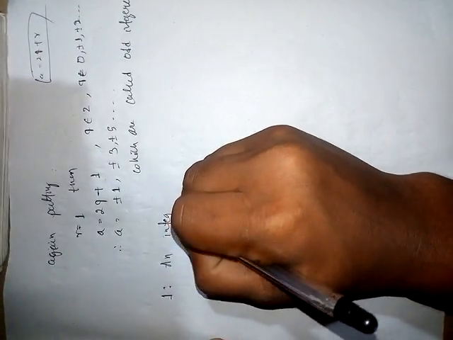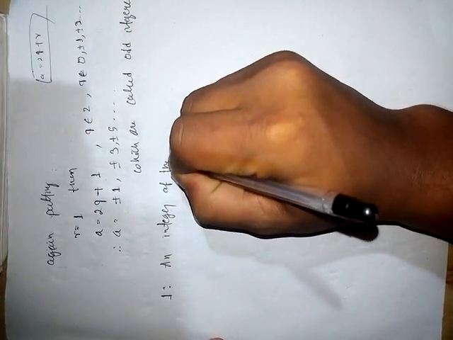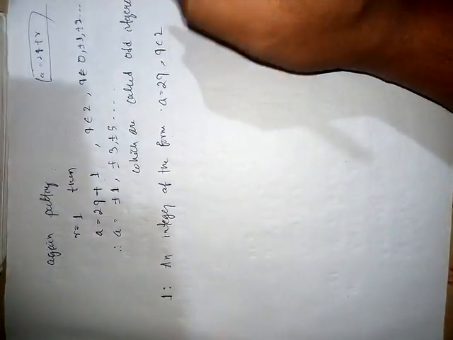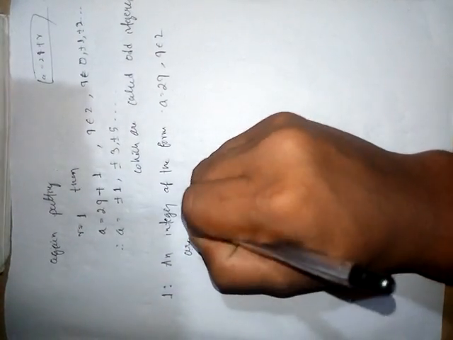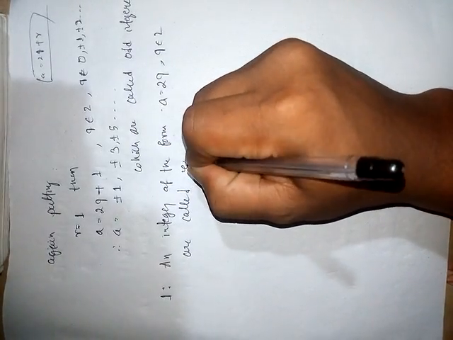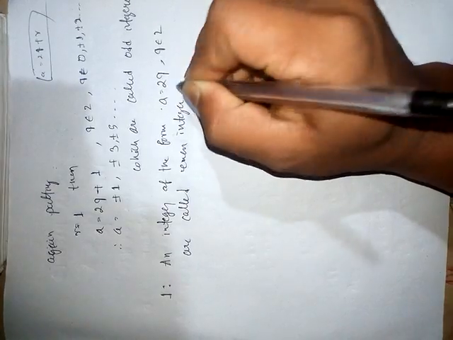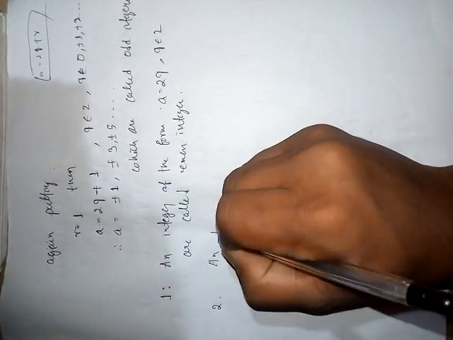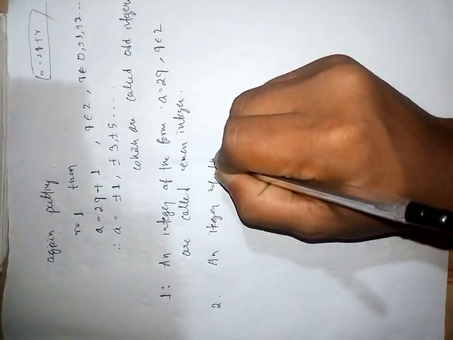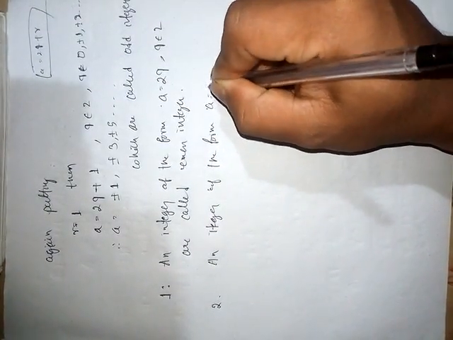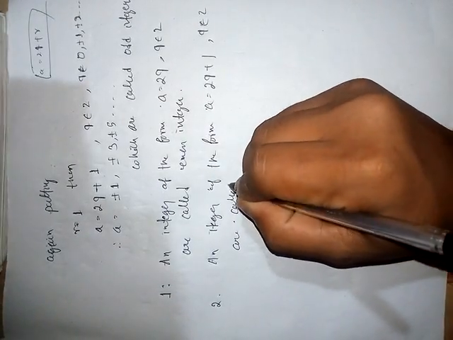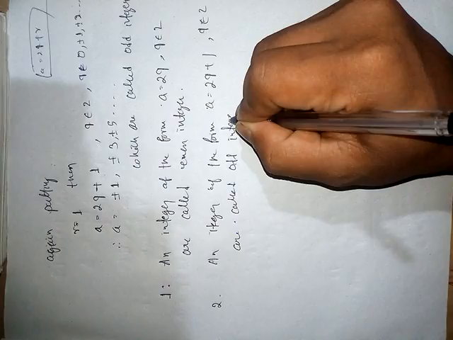Definition 1: an integer of the form a equals 2q, where q belongs to Z, is called an even integer. And the second definition: an integer of the form a equals 2q plus 1, where q belongs to Z, is called an odd integer.